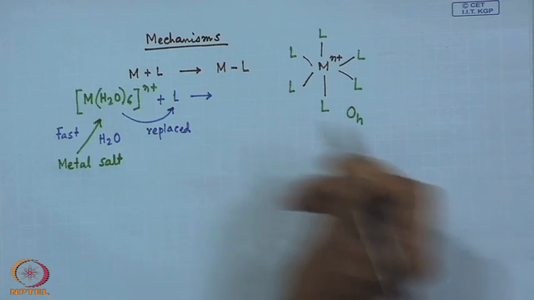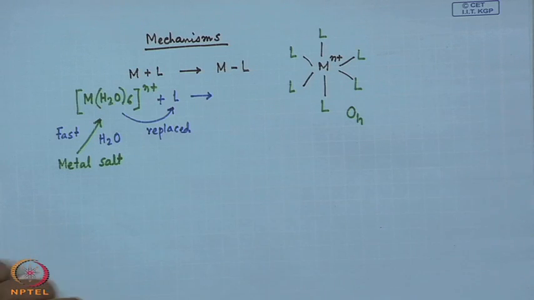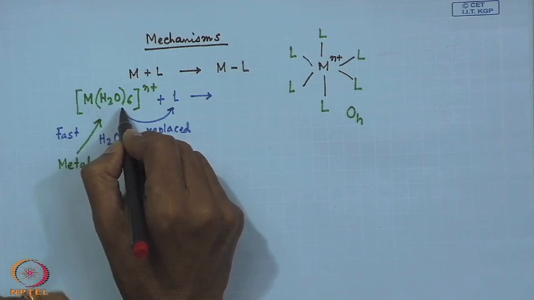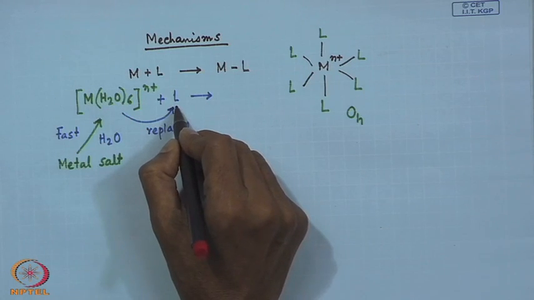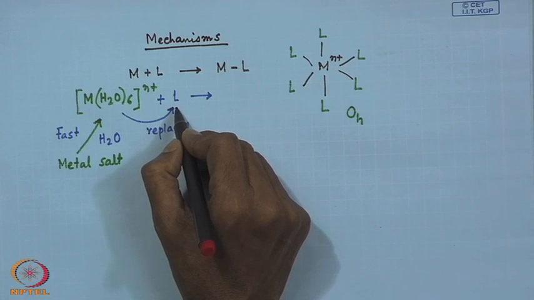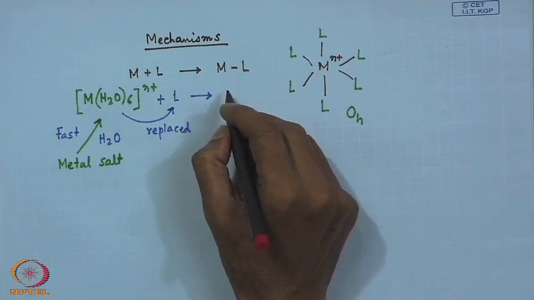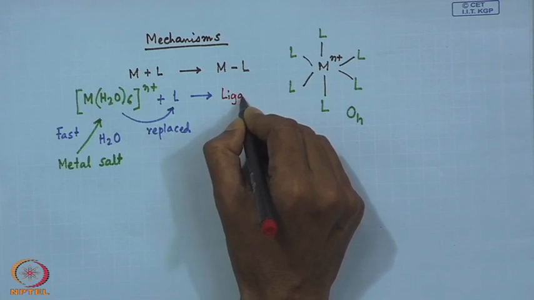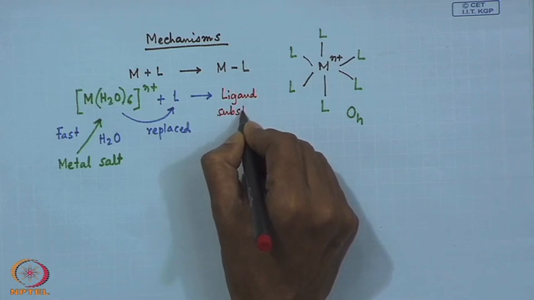A water molecule is replaced by the new ligand L, which can be ammonia, ethylenediamine, or any other sulfur-bearing or other type of ligand. So we get a ligand substitution reaction.